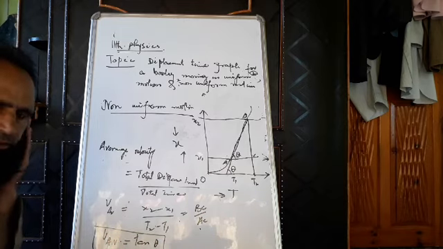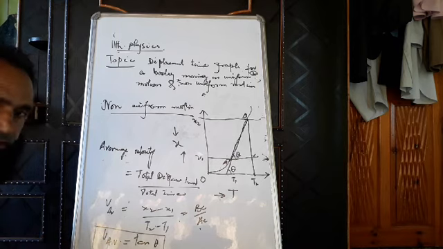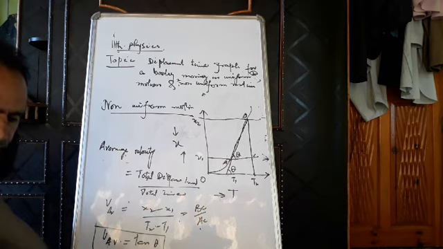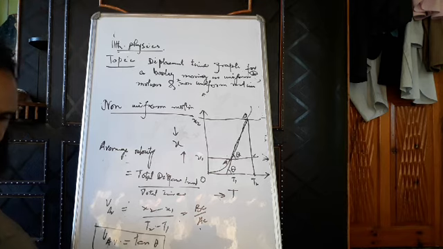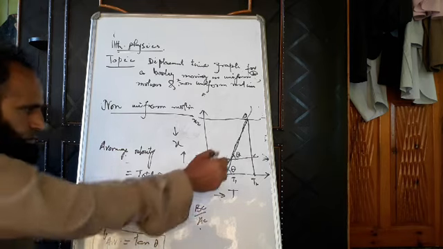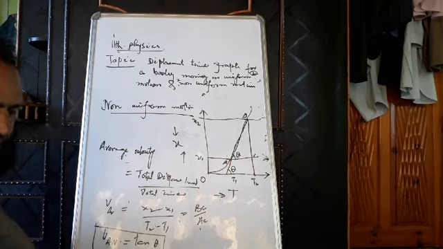In the earlier case V was equal to tan theta, now V average is equal to tan theta. Thus, the average velocity of a body having non-uniform motion is equal to the slope of the line joining any 2 points on the displacement time graph.